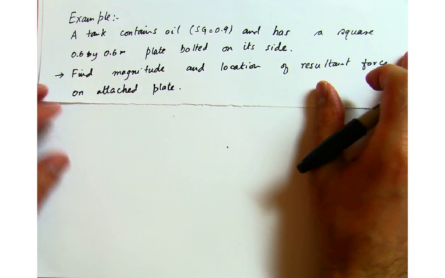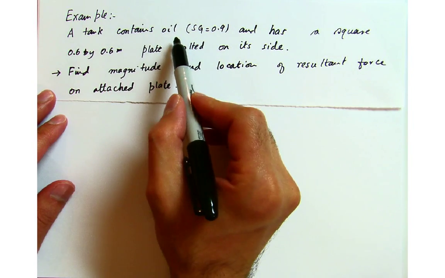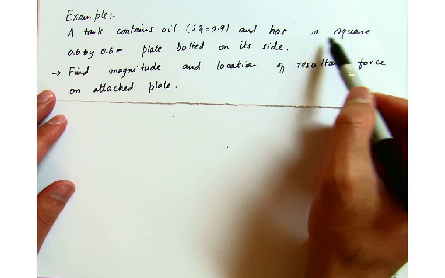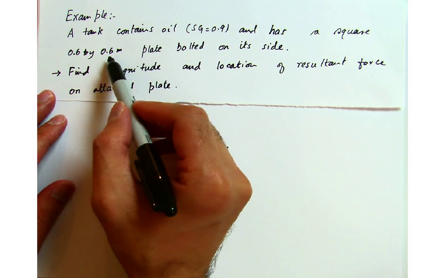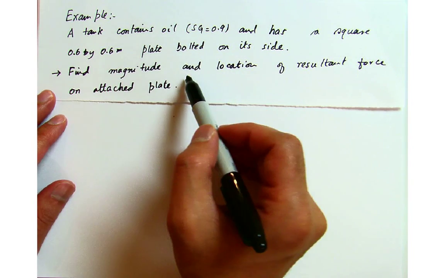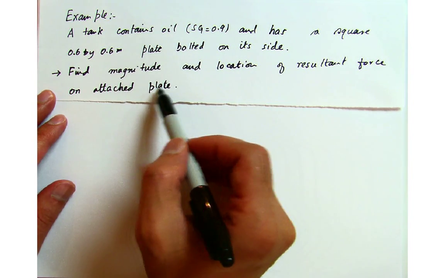What it says is a tank contains oil which has a specific gravity of 0.9 and has a square 0.6 by 0.6 meter plate bolted on its side. Find the magnitude and the location of the resultant force on the attached plate.